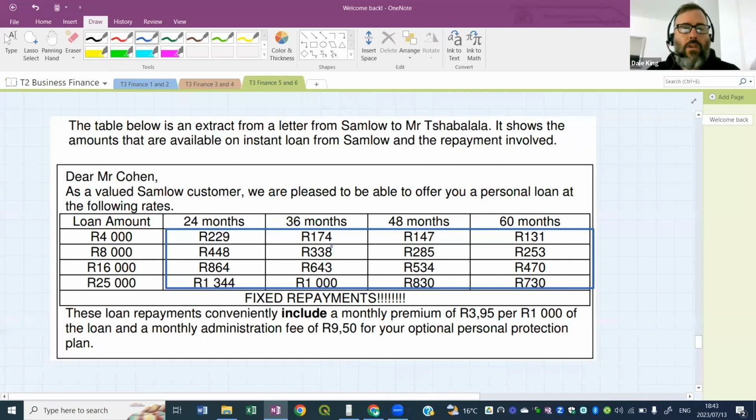Well, then you can pay this and this and this and everything above. So you can afford to take an 8,000 Rand loan or a 4,000 Rand loan. So you can choose which loan amounts and how long you want to pay it back. And these are all the monthly figures. Okay. Monthly installments. All right.